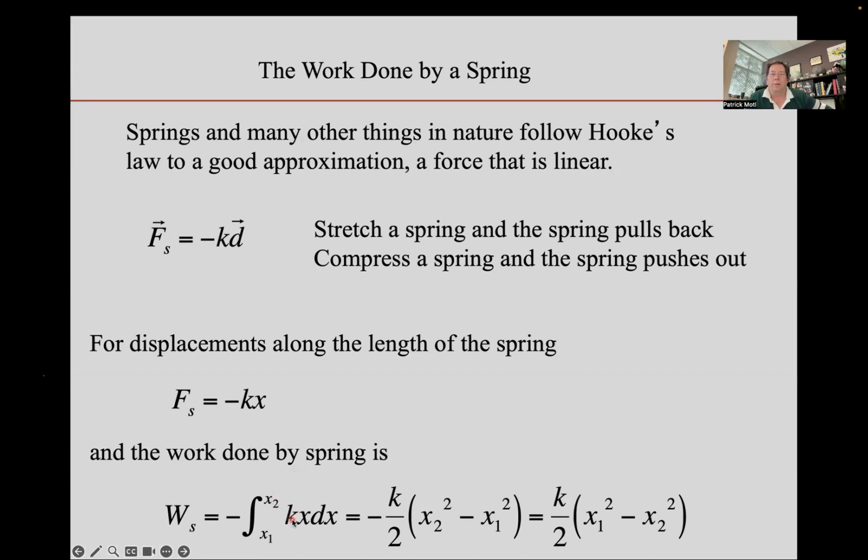So k is a constant, I can pull it out. So I'll have minus k over 2. The integral of x dx is a half x squared. When we evaluate that between the upper bound and the lower bound, I've got a minus sign out front, so we flip those 2 terms around. So the work done by a spring is a half k times initial position squared minus final position squared.